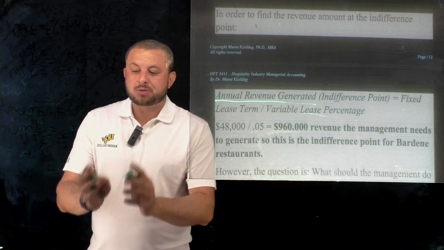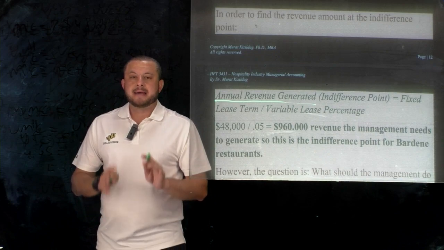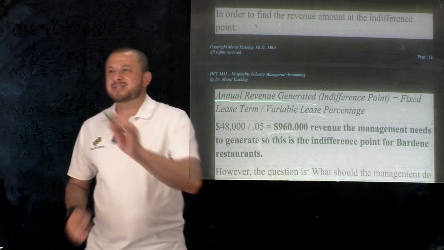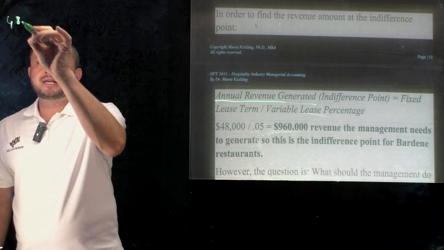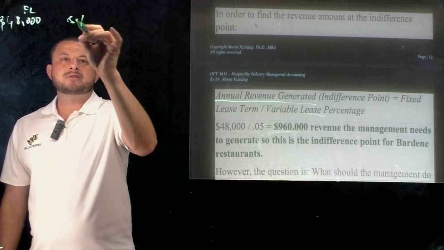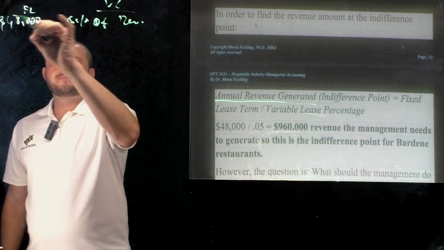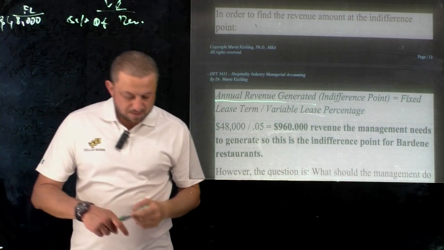Indifference point is the benchmark for the revenues. Therefore, we have to find that benchmark from the given information. We have $48,000 as the fixed lease, and we have 5% of the revenues as the variable lease. We have two options right here.